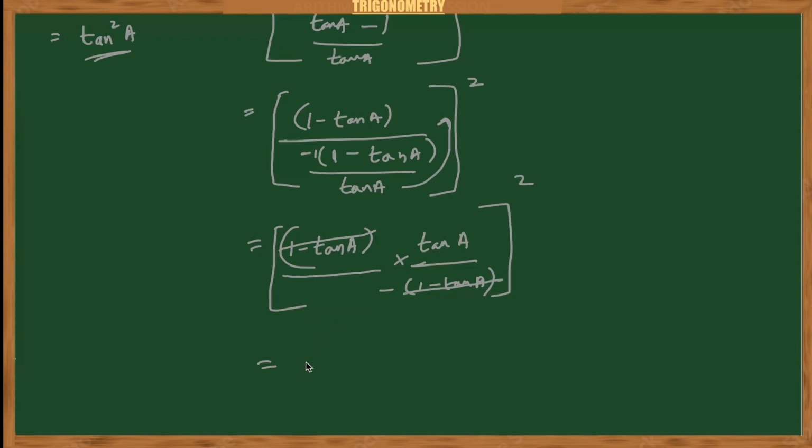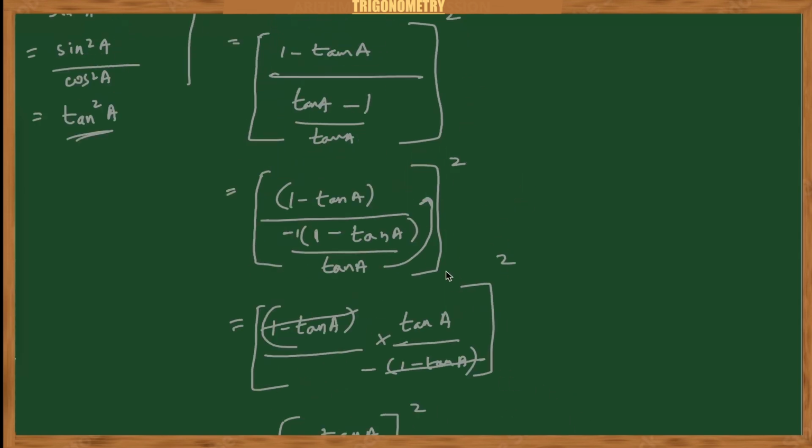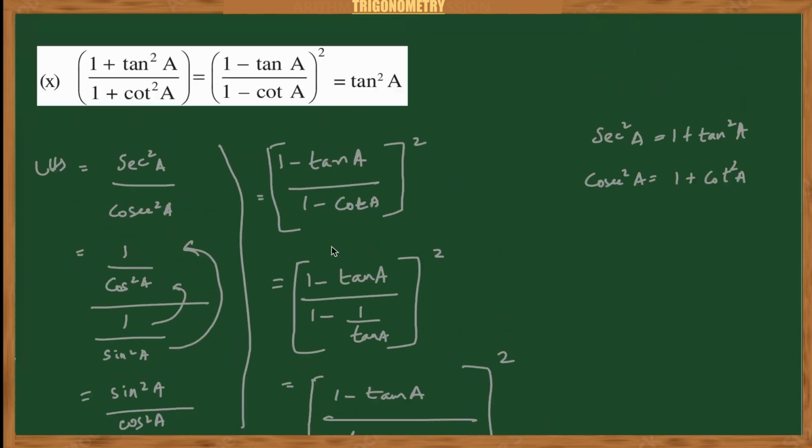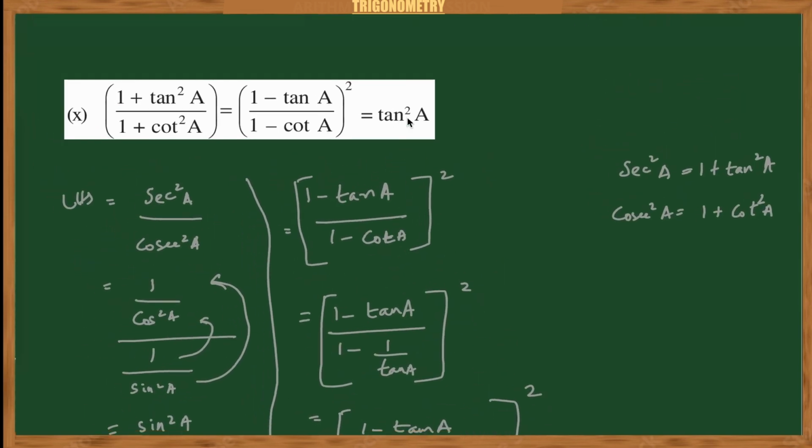So this becomes minus of tan A, whole square. Square means minus into minus becomes plus, so it is nothing but tan square A. Hence with the second as well, we have proved tan square A.